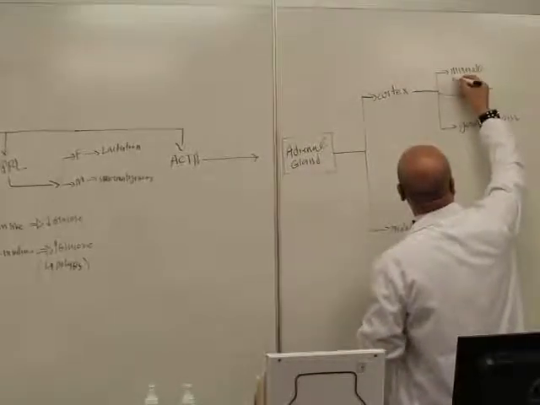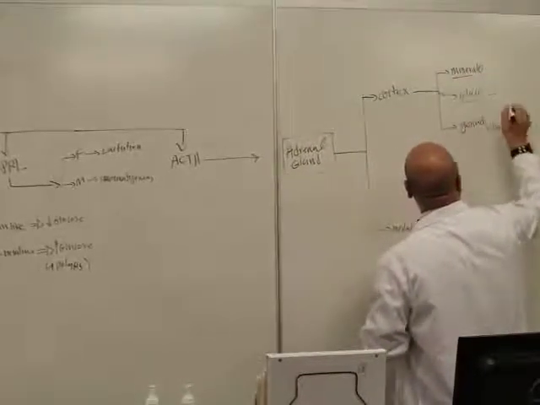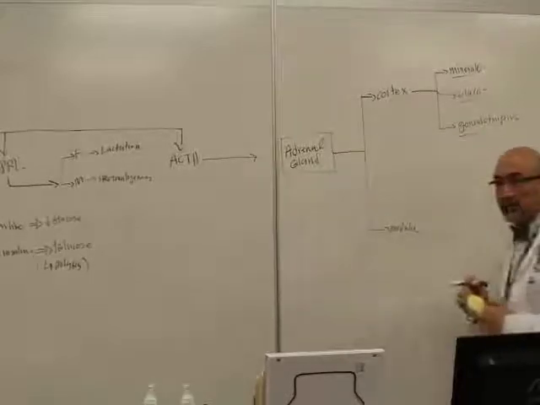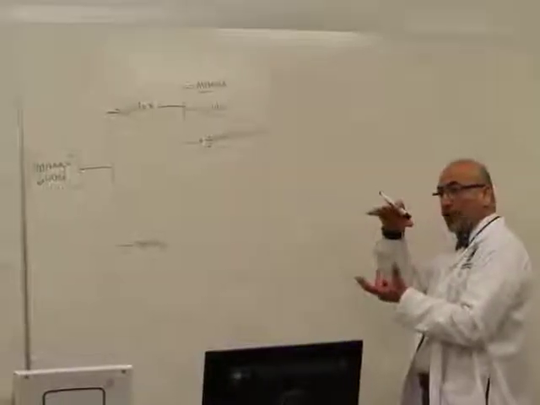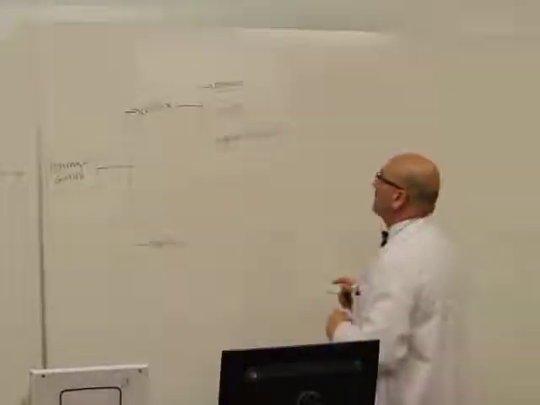So you're thinking about minerals, you're thinking about glucose, you're thinking about gonads. So three different aspects of cortical part.